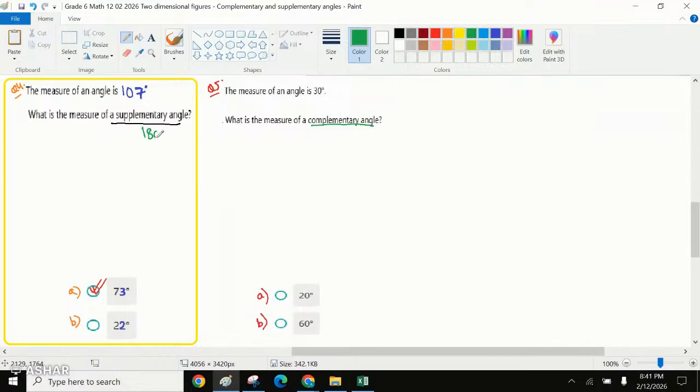Supplementary 180, complementary 90. So 90 minus 30 should be, or 30 plus, if we add 30 to 20, is it 90? No. 30 plus 60? Yes, obviously 90. Question number 5, option B.